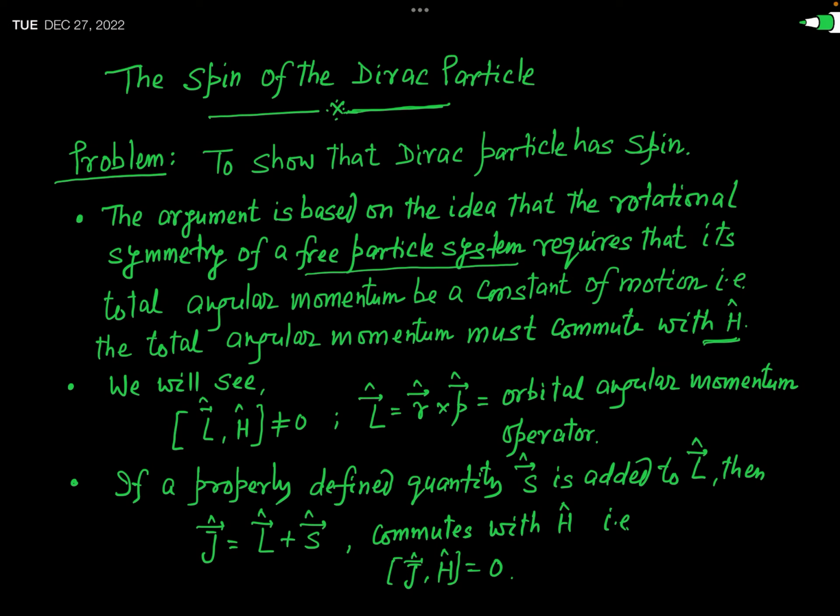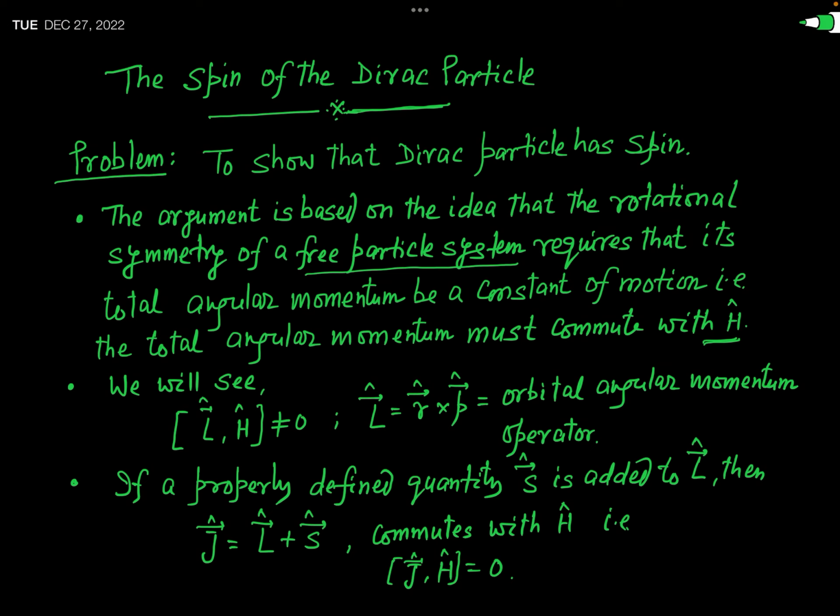So if the total angular momentum commutes with the Hamiltonian, we will say that the total angular momentum is a constant of motion. And from this, it was concluded that the particle must have a spin.